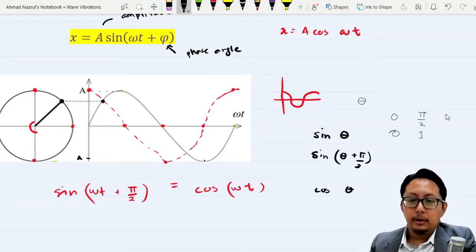We jump directly to pi. For pi, sine pi will be 0, and 3 pi over 2, which is 270 degrees, will be minus 1. And for 2 pi, sine theta will be 0.